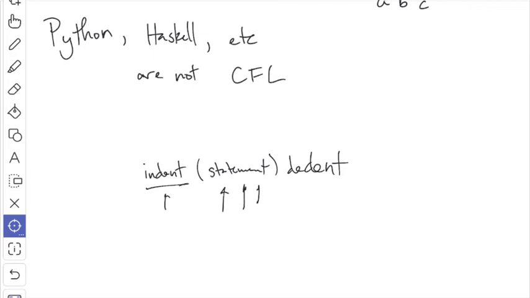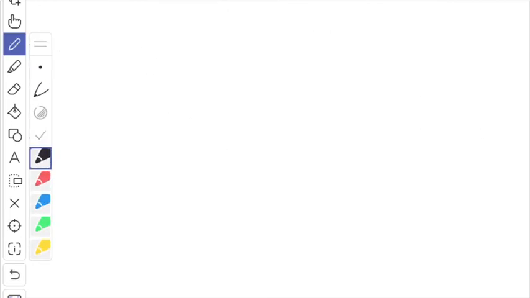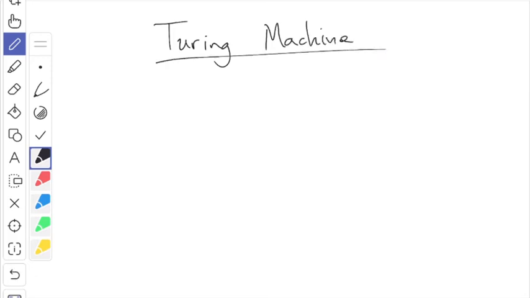I'll just say a few minutes of maybe a little historical background. We won't really get down into the details. But the next major topic, which we'll talk about for the rest of the semester, is our last and biggest type of machine. It is called the Turing machine. This is the granddaddy machine.